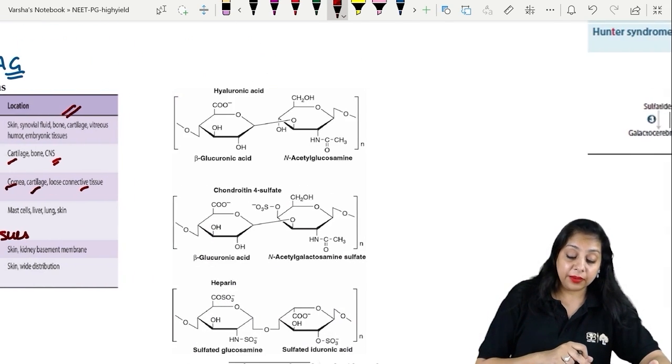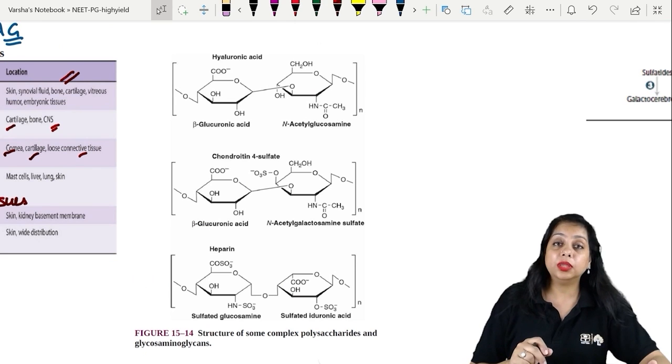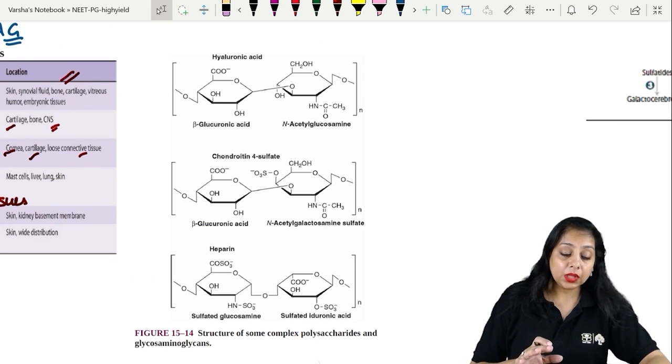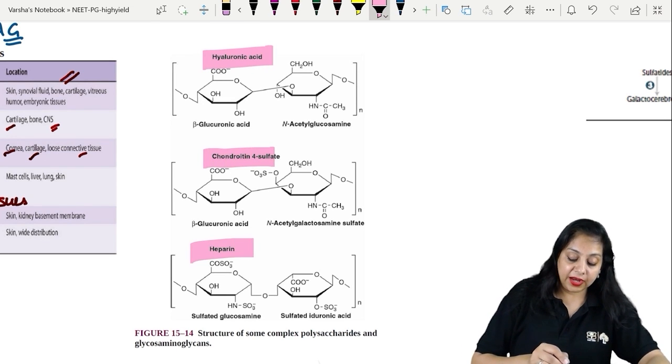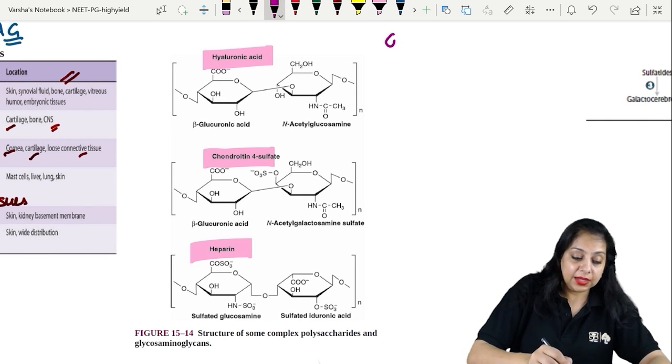Now, there was one time when they asked you about the structure of hyaluronic acid, chondroitin 4-sulfate and heparin. What are they? They are the GAGs, right?